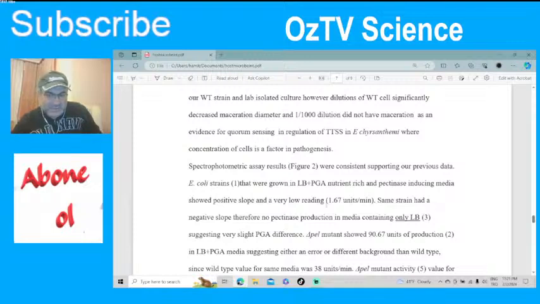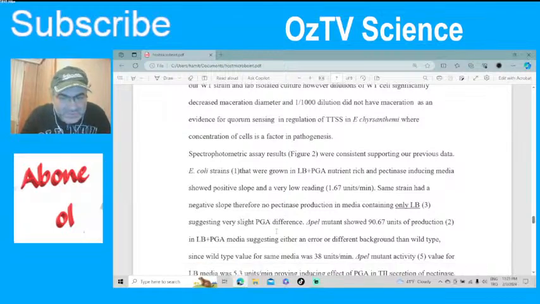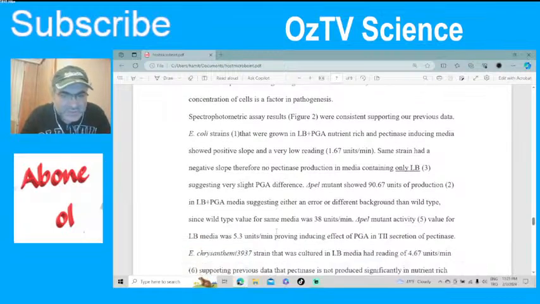Same strain had a negative slope, therefore no pectinase production in media containing only LB. So E. coli in LB media does not produce any pectinase. It's just suggesting a very slight PGA difference. I guess E. coli gets to utilize plant materials and grows on plant.